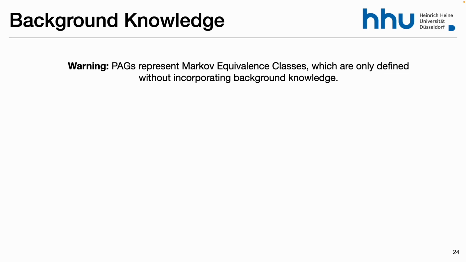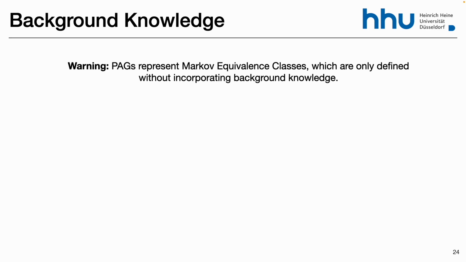So everything that we learned, for example, definite status triplets, you cannot apply anymore if you have background knowledge. Algorithms for identification that we are going to see later won't apply if you created a new class by incorporating knowledge. You need to develop a new algorithm to account for this.